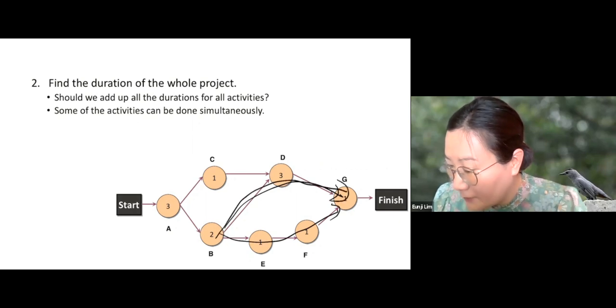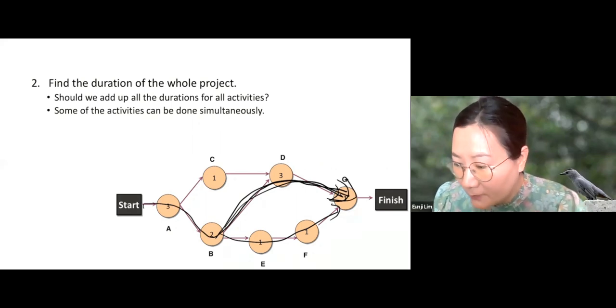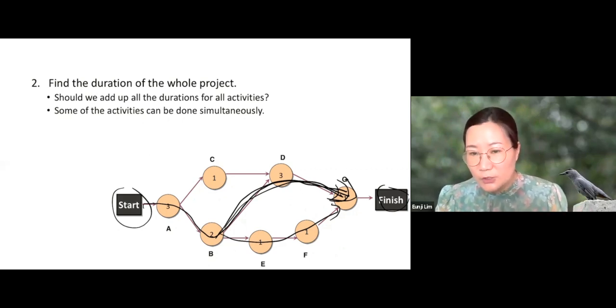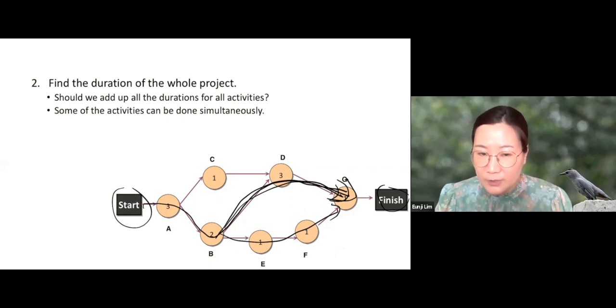This one was longer, and we chose this one, right? So in fact, this path turns out to be the longest path from the start node to the finish node. So in this example, the duration of the whole project was the longest path from the start node to the finish node.